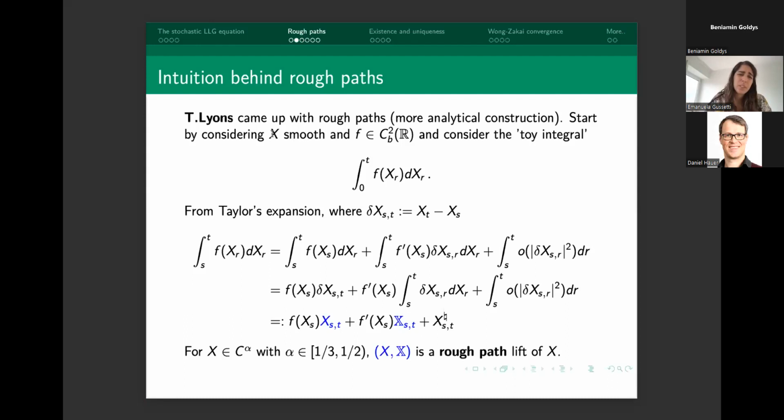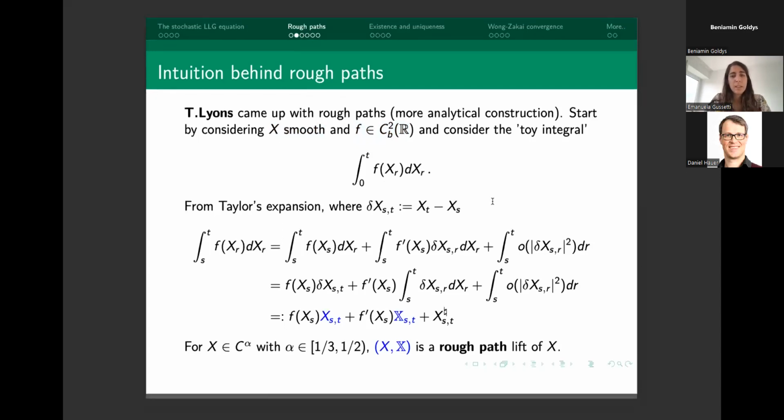Let's start from a toy example. We take a smooth path, so a path defined on time with real values. We can take this to be a C2 bounded function from reals to reals. We look at this integration, f of x integrated against dx.